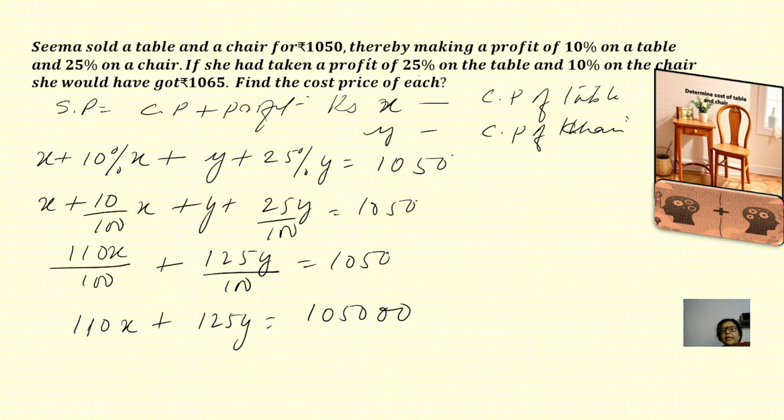Now in the second case, the question says the profit is vice versa. That is 25% on the table and 10% on the chair. So we can simply rewrite this equation as 125X plus 110Y is equal to 106500. So this will be the second equation.